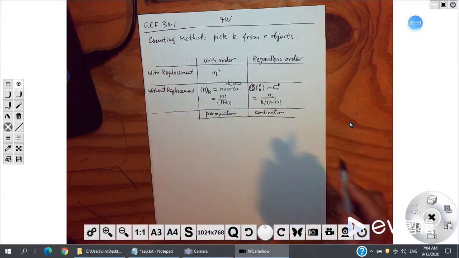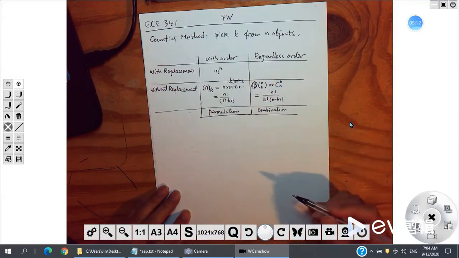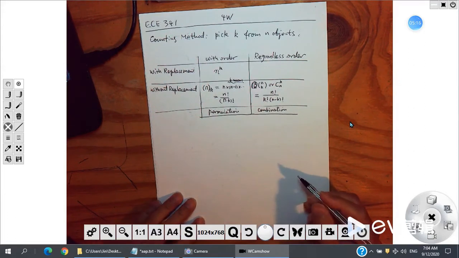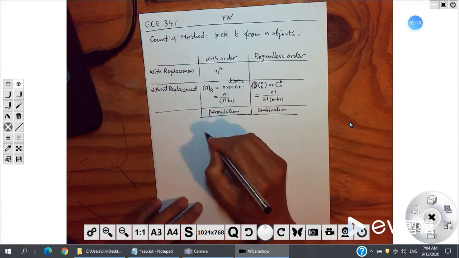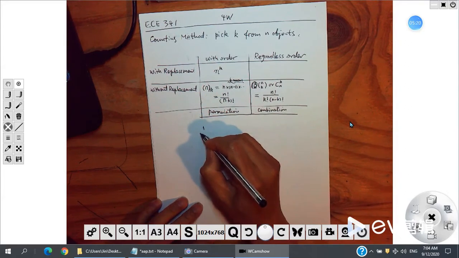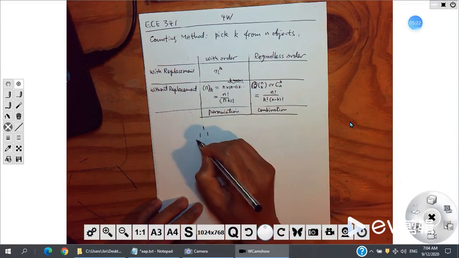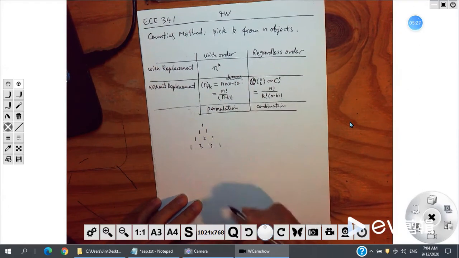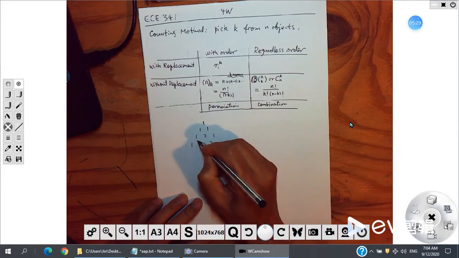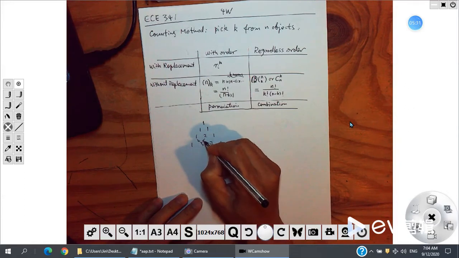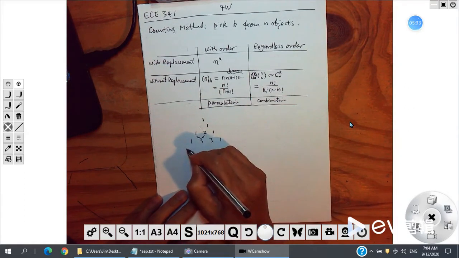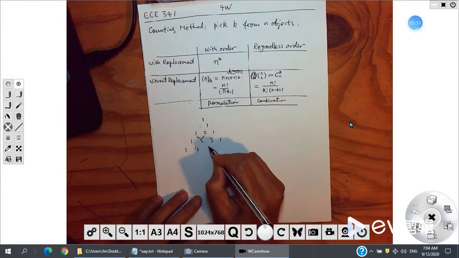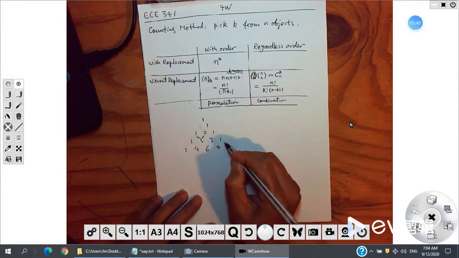And for this number C n k, actually we have a way to calculate it. It's a triangular way. We start from 1, then 1 and 1, and 1, 2, 1, and 1, 3, 3, 1. Do you know this? It's a triangle. Every time we sum these two. 1 plus 3 is 4, 3 plus 3 is 6, 3 plus 1 is 4, then 1.